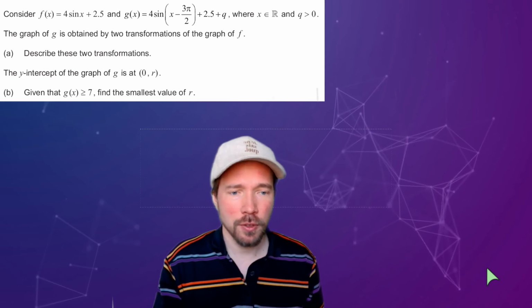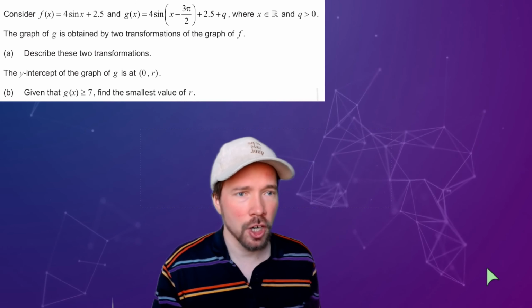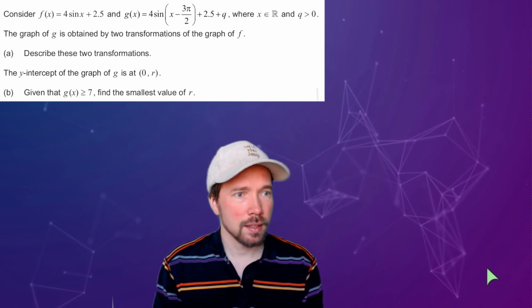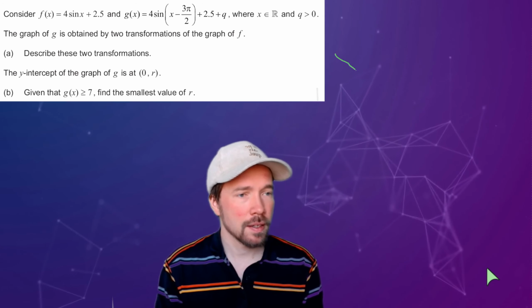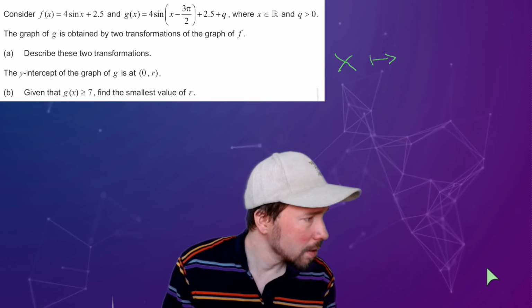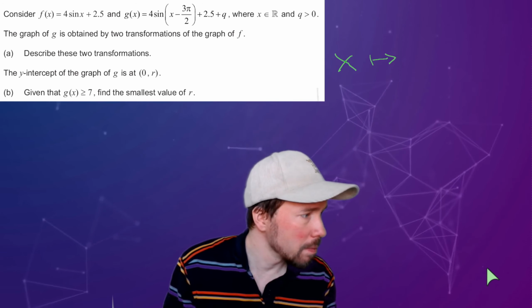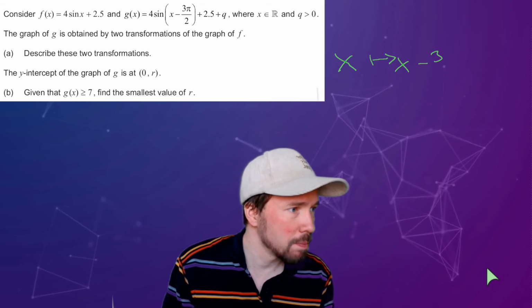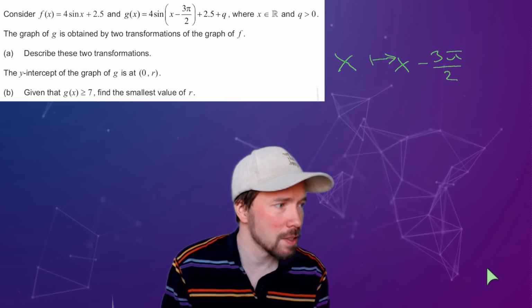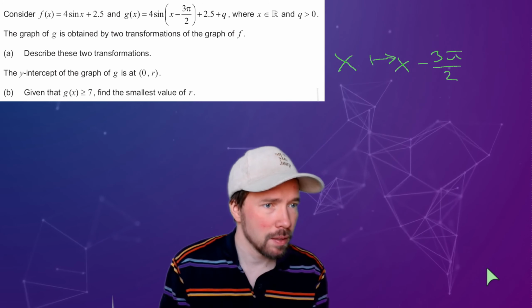So these two transformations basically are: the first one is x becomes x minus 3 pi over 2, and the second transformation is that we add q.